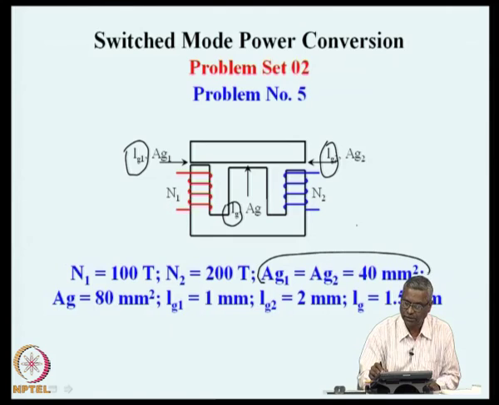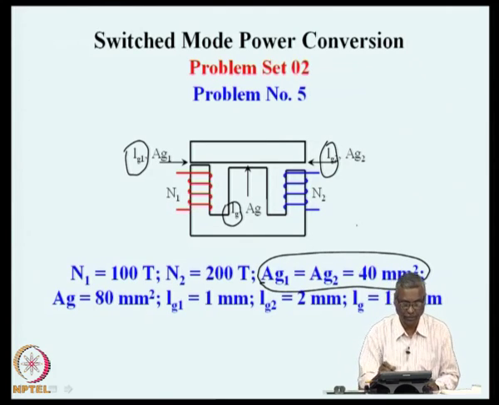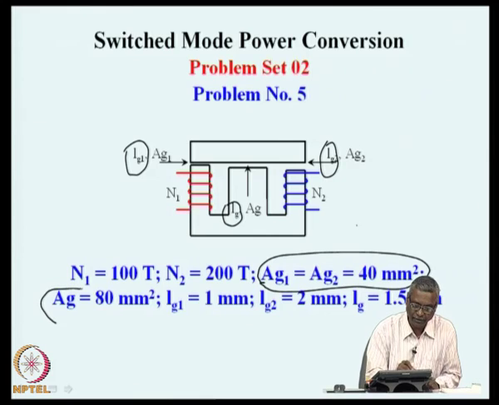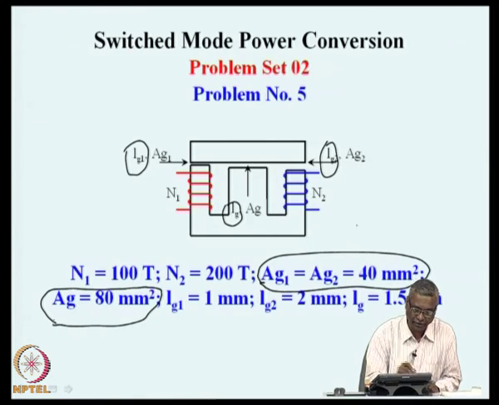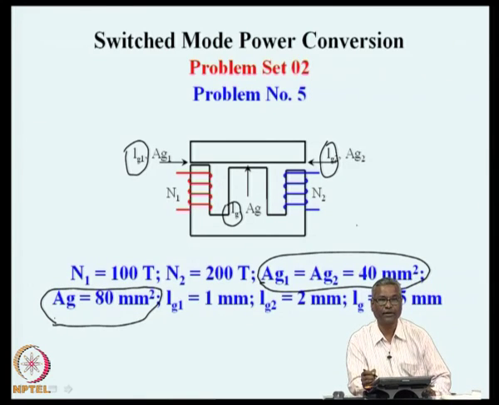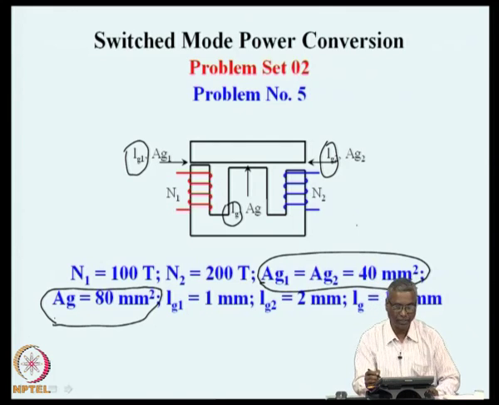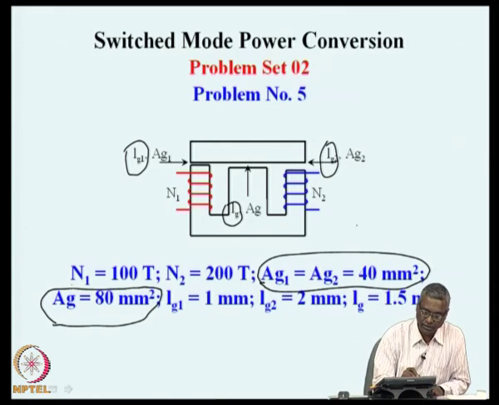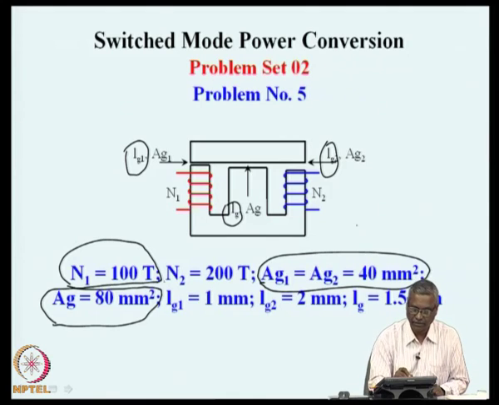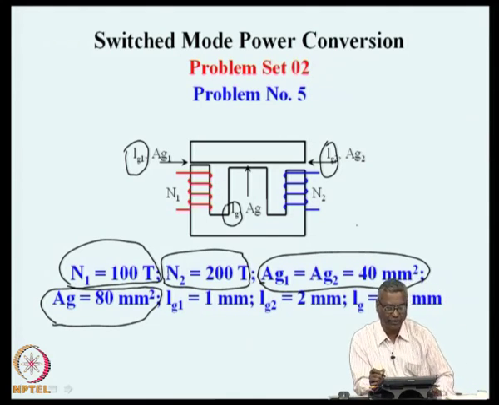The outer areas are equal and they are 40 millimeter square each, and the middle area is double the outer area, which is 80 millimeter square in the central limb. The number of turns are given here. The limb 1 carries 100 turns and the second limb, the right hand side limb, carries 200 turns.